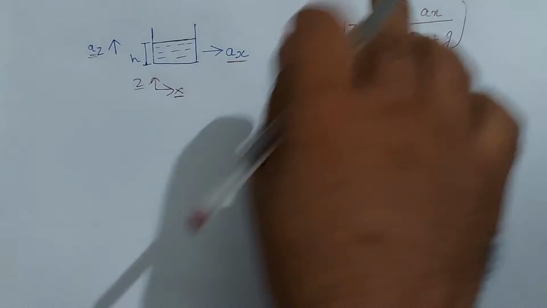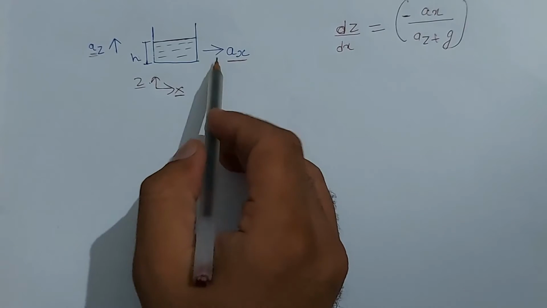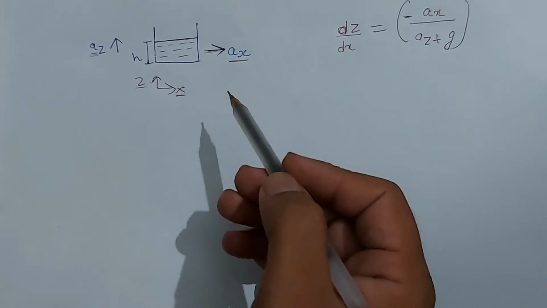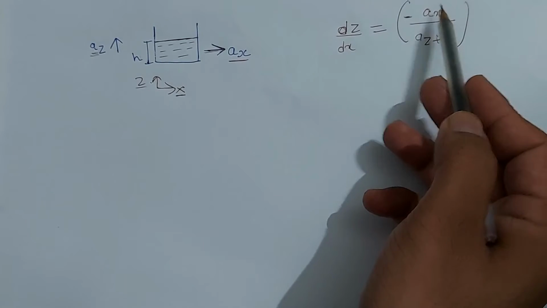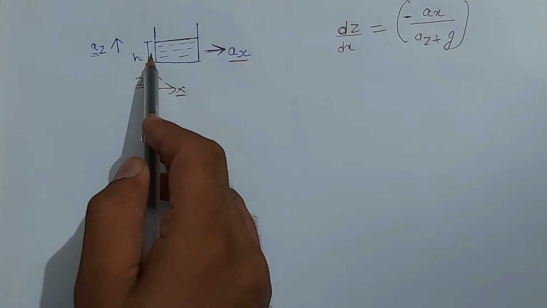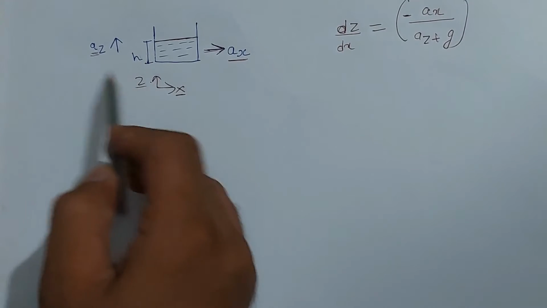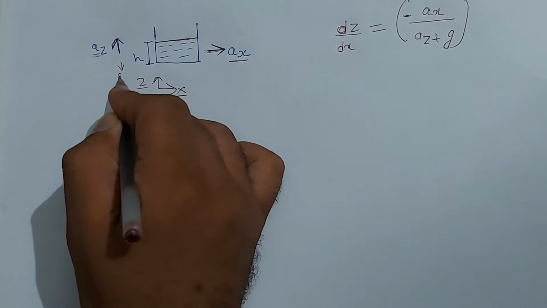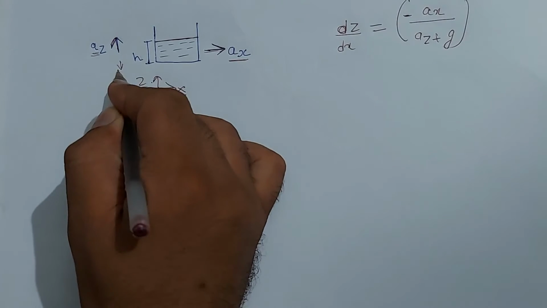You can also remember this formula as the negative of the horizontal acceleration divided by the net relative acceleration in the other direction. So this is az, this is g. These are in opposite directions, right?